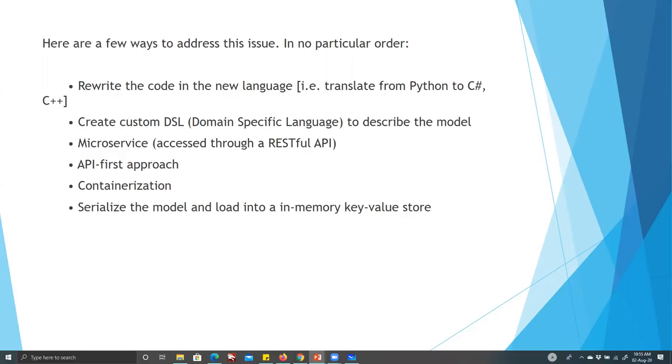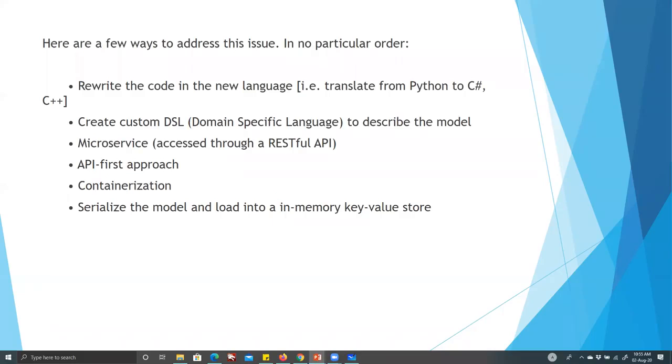Okay. And last but not the least, what you could do is serialize the model, basically convert it into a kind of a dictionary, and load it. When you write a pickle file, actually a pickle file can be read by C++. You can open it in C++ and read the pickle file, but it is not possible for every model, because some models become incredibly complex after a while.